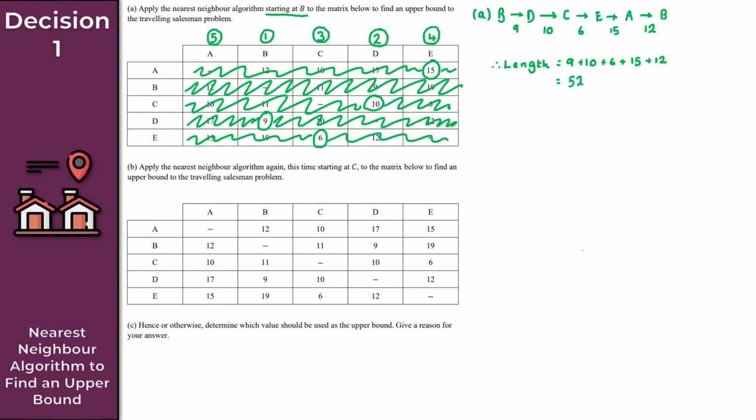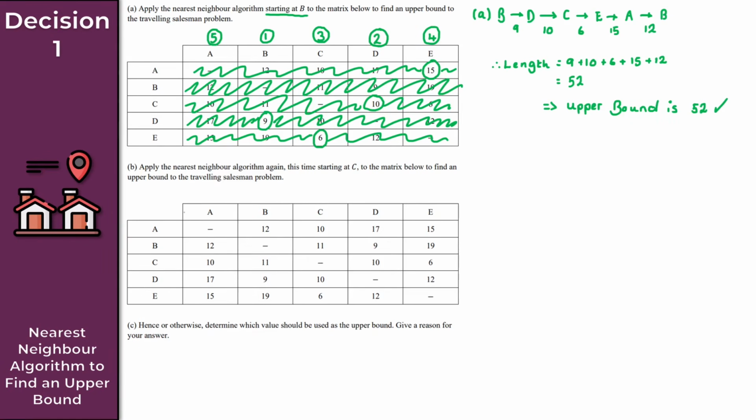As I mentioned before, there's no context attached to this, so I don't know whether this represents time or a distance. So I can't attach any units, right? So we just leave it as 52. Okay, so therefore the upper bound here is 52. Perfect. Okay, so that gives us the solution to part A.